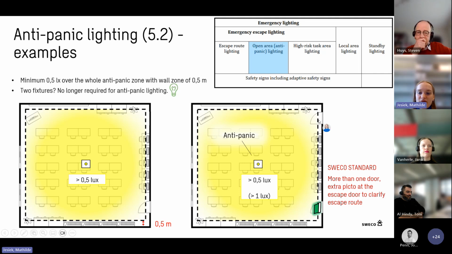If you have 2 doors, for example, in this classroom, and it's not very clear which one is the escape route door, we think, as a SWECO standard, it's good that we apply our anti-panic fixture here, but that we also apply an extra picto at the door to identify the escape route more clearly.